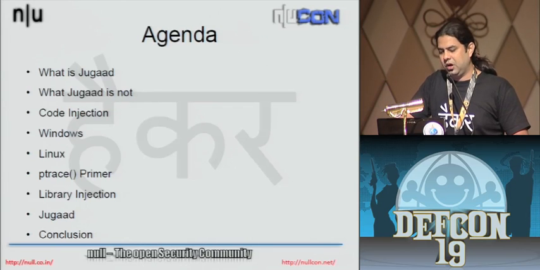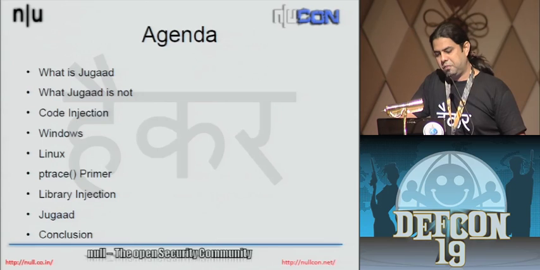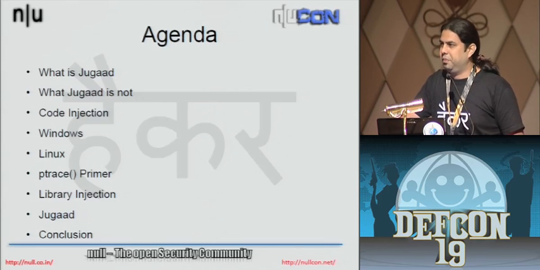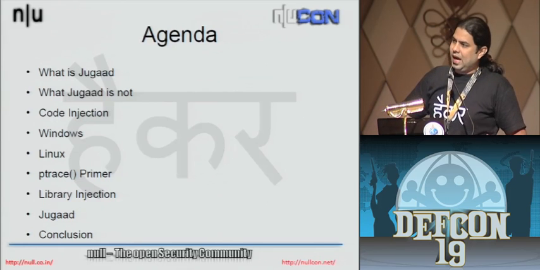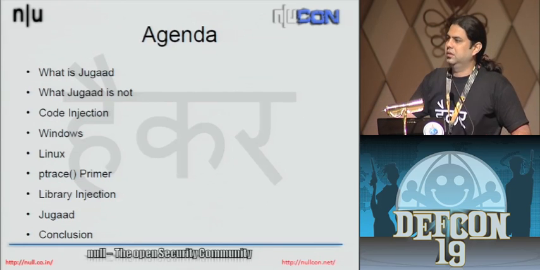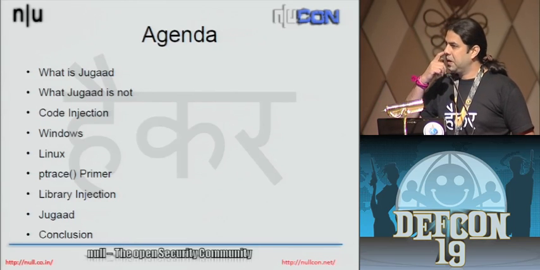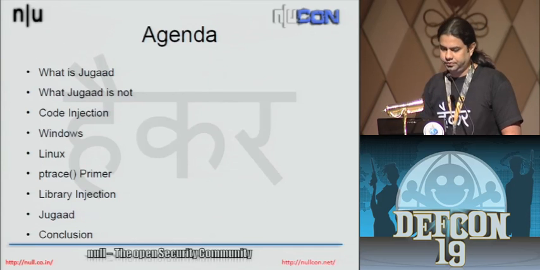And then I'm going to talk about how it is handled in Windows and how Linux lacks this capability, and a little bit about ptrace. And finally, I'll talk about why library injection has a little bit of flaws. And then finally, I'll talk about the toolkit that I've developed and how it is different from library injection and what exactly it does.